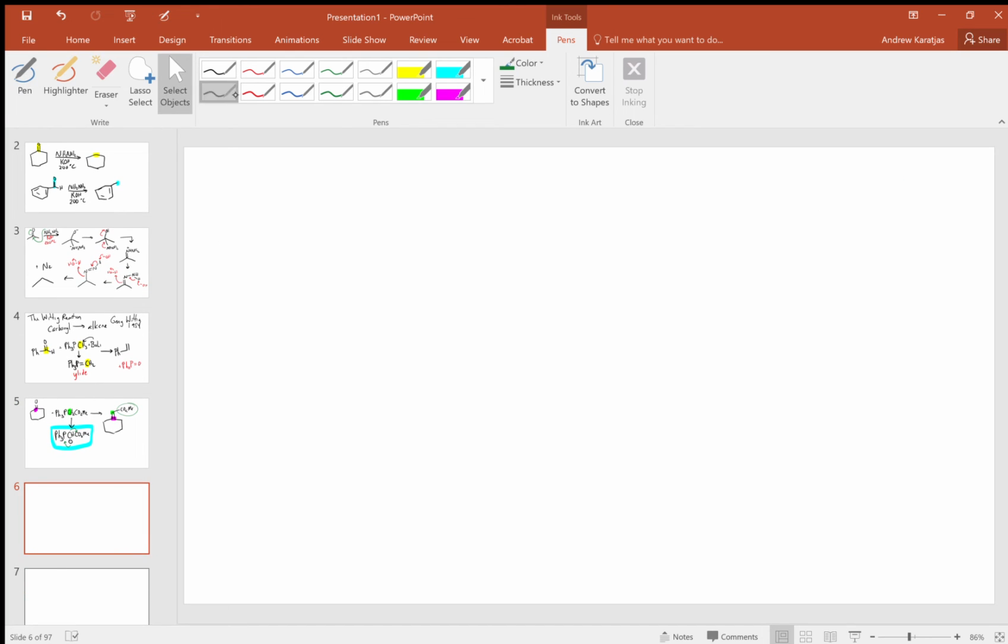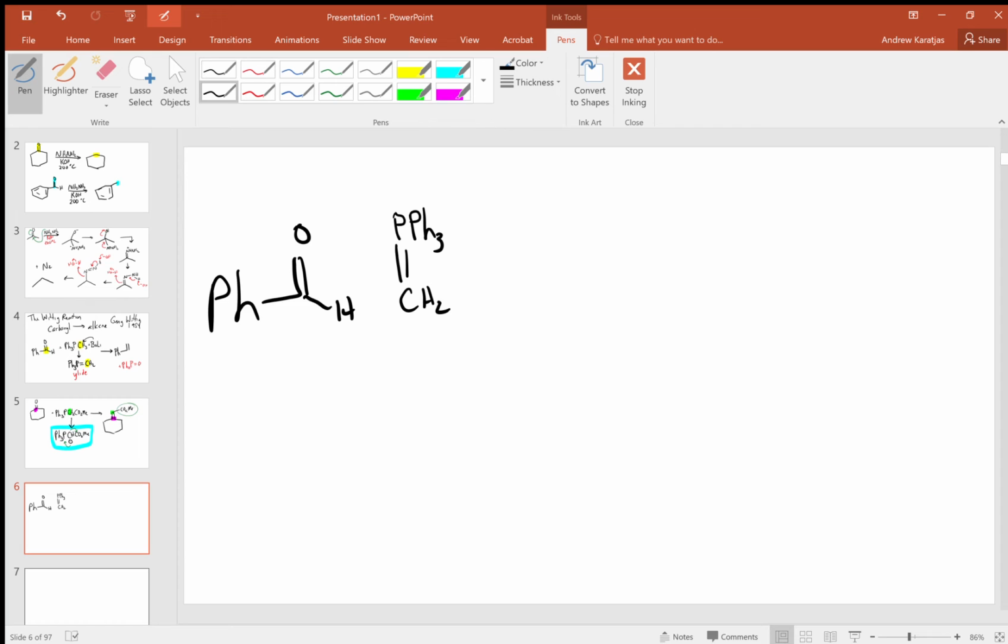So how does this work mechanistically? So once we form the ylide, and this is a place where you will see a couple of different mechanisms cited in textbooks. I'm just going to go with one of them.